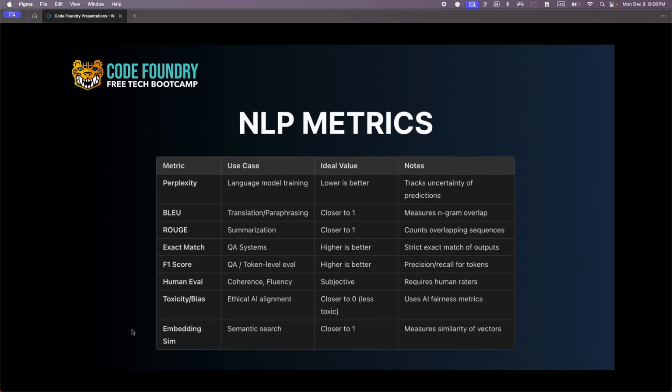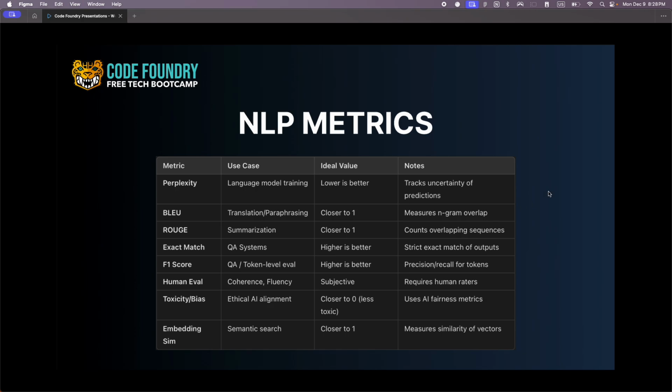When we're talking about NLP metrics, this is a table that ChatGPT gave us. And I mean, ChatGPT uses NLP, so it can't be wrong. But essentially, these are some metrics that we can look at. We look at perplexity, which has to do with the uncertainty of predictions. We have BLEU, which is measuring n-gram overlap.